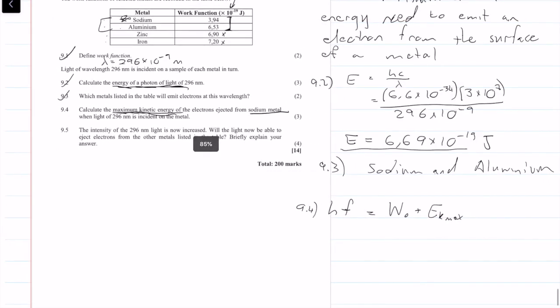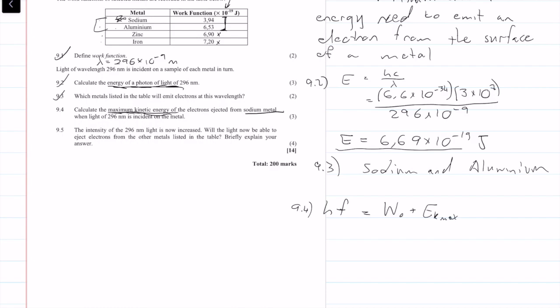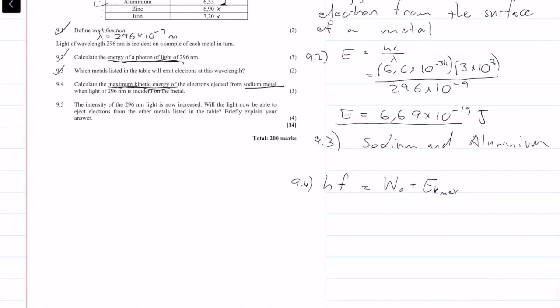This is our energy, which we calculated right here, because this equation is also equal to hf. So hf is what we calculated, which was 6.69 times 10 to the minus 19.